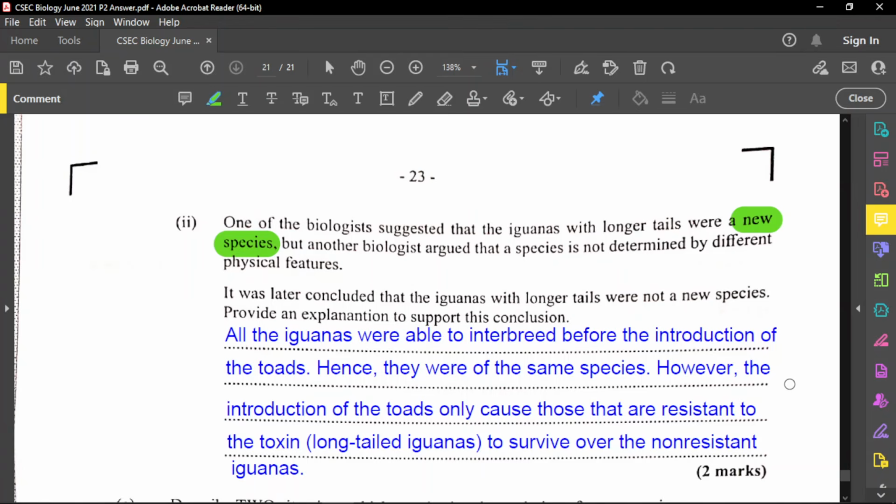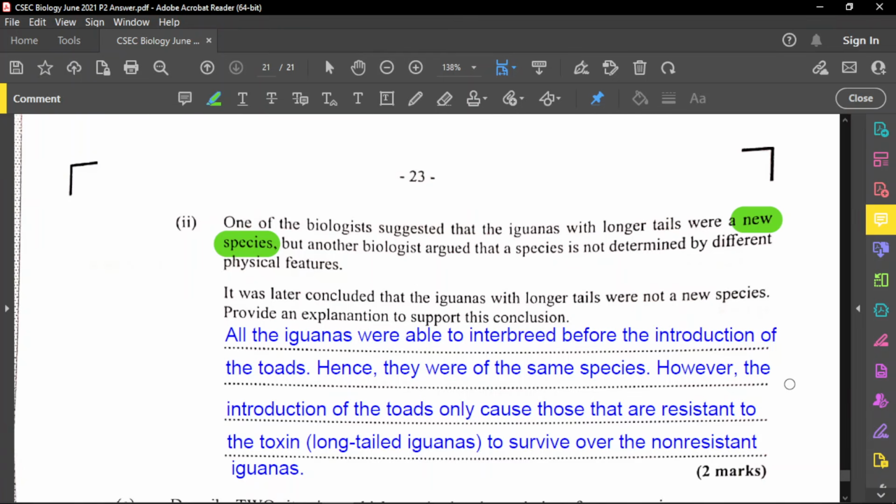And again, what could happen here too? Why didn't you see much long tail? Because long tail could have been a resistant allele, a recessive allele. And if it was recessive, you won't see much of it. However, what if the recessive allele iguanas are the only surviving iguanas because they are the ones resistant to the toxin? Then the recessive allele could mate with recessive allele and produce that type of trait.